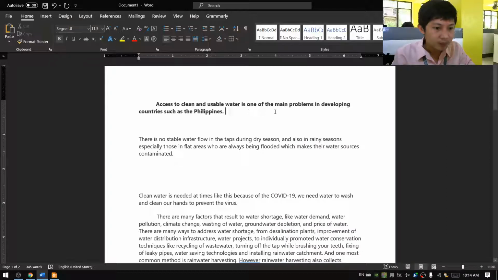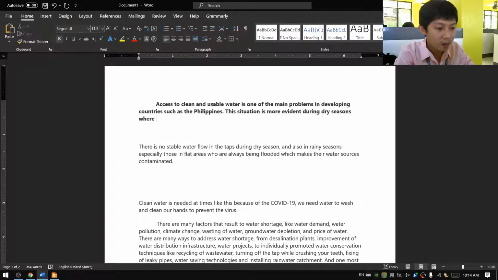During dry season, this situation is more evident during dry seasons where low water supply is.